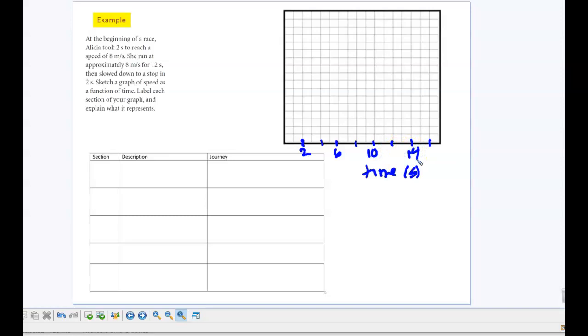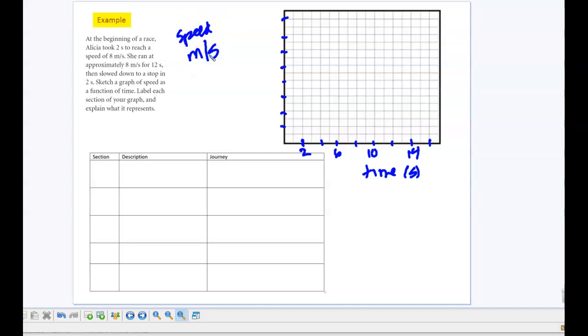Okay, and her greatest speed was 8 meters per second. So again, we're going to make every 2 count 1. So there's 1, 2, 3, 4, 5, 6, 7, 8. And again, this would be her speed in meters per second.